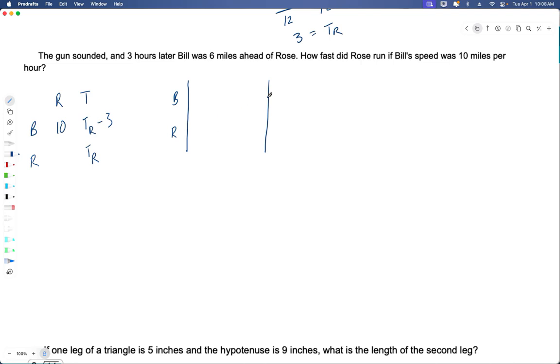So he's further, he's going here, and she is going here, and he is 6 miles ahead of her. So we can write an equation that says the distance of Bill is equal to the distance of Rose plus 6. So we have something to work with. This would just be the rate of Rose.